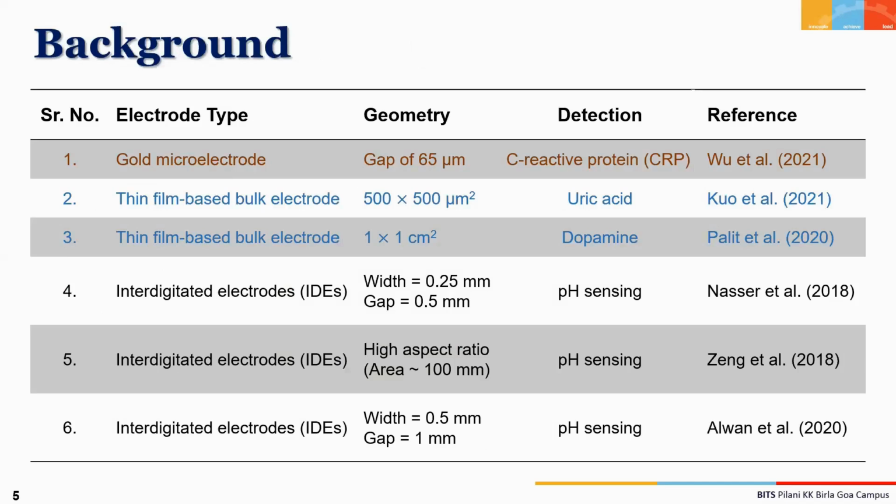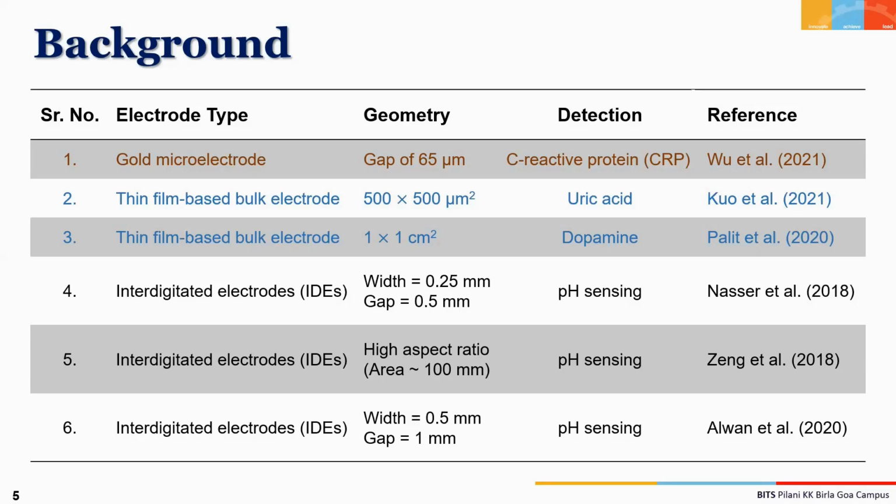So the background of this work is, when we did the literature survey, we found that although extended gate field effect transistors are quite widely used or reported in the literature, most of the time it is for pH sensing, especially when I talk about interdigitated electrodes.